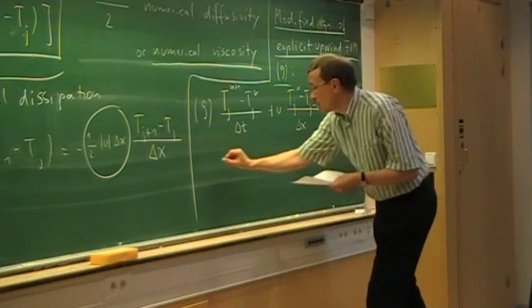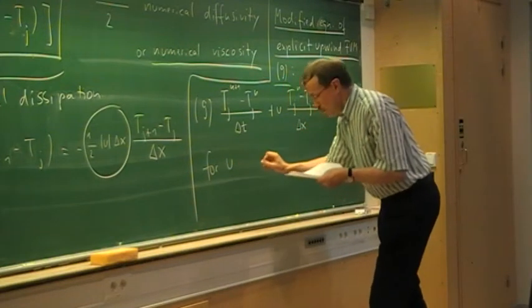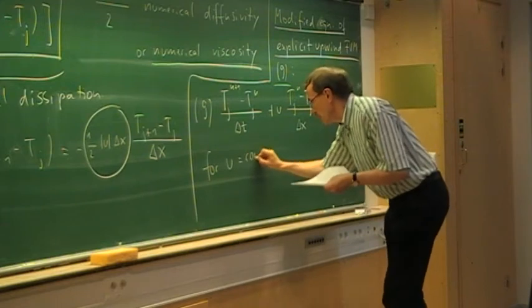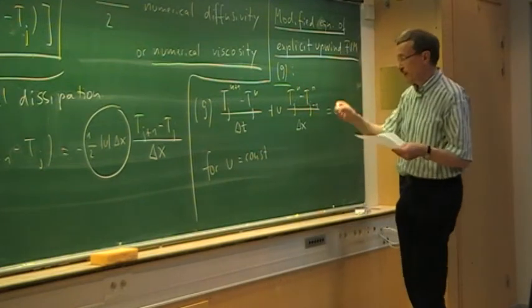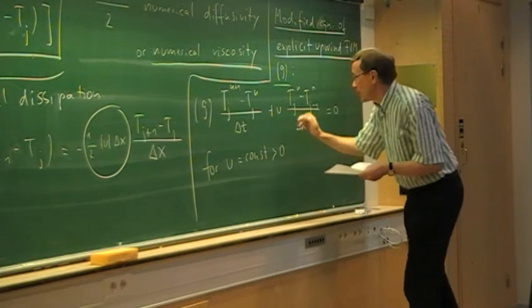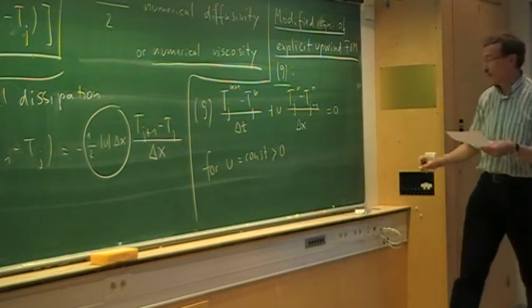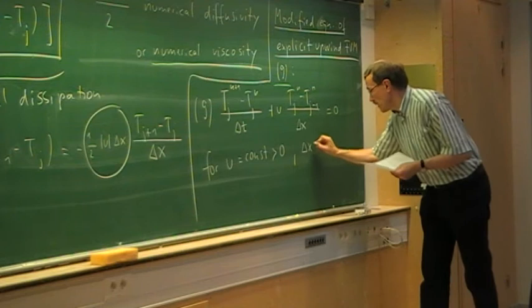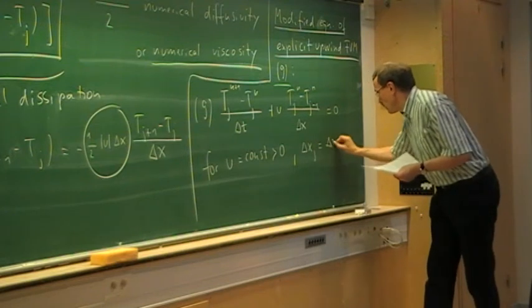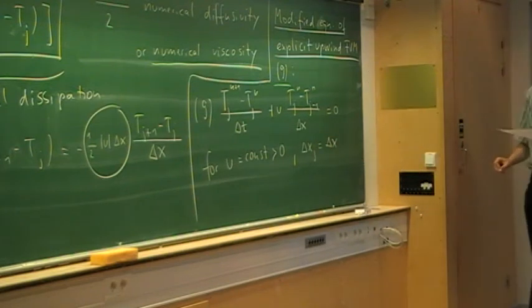And we have here assumed that u is constant. That is all what we do for the linear advection equation. And for this form, we assume that it is positive. We have also assumed that we have an equidistant grid, where the grid spacings are equal, delta x.